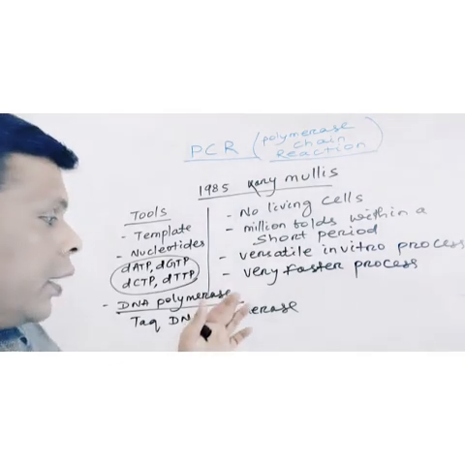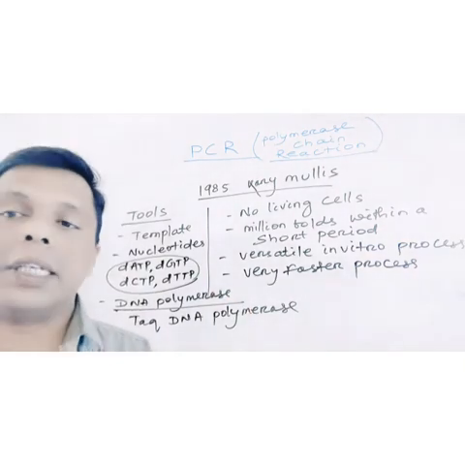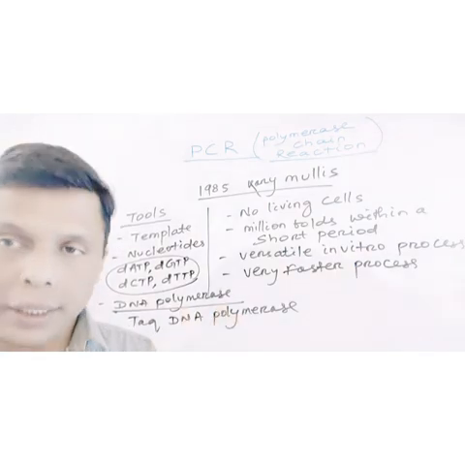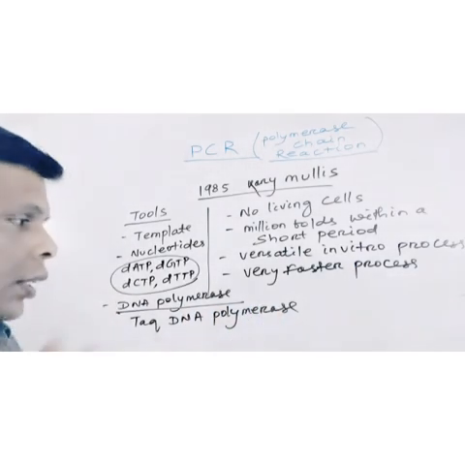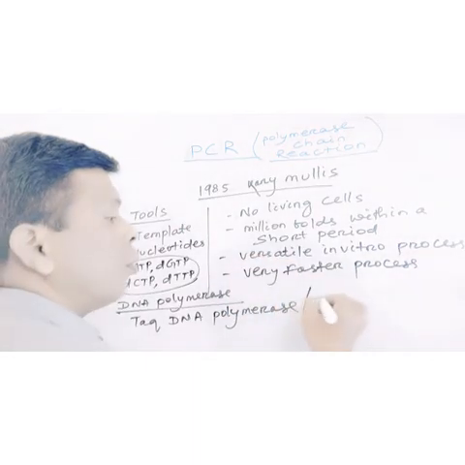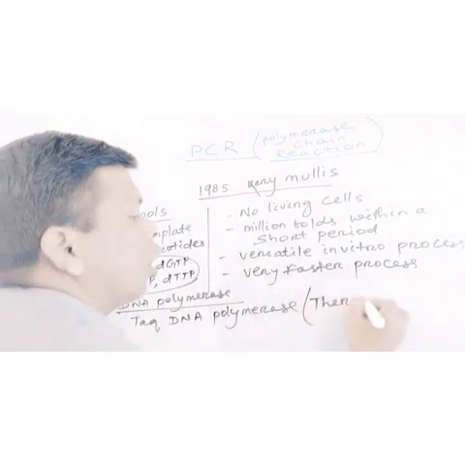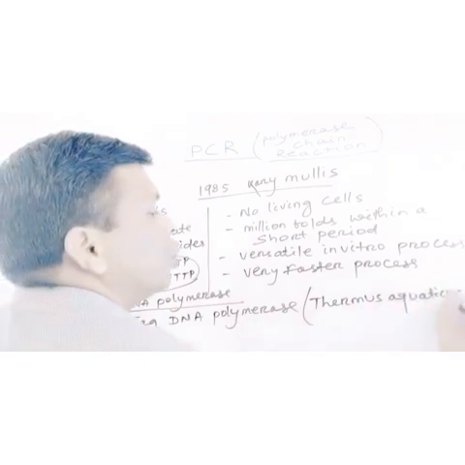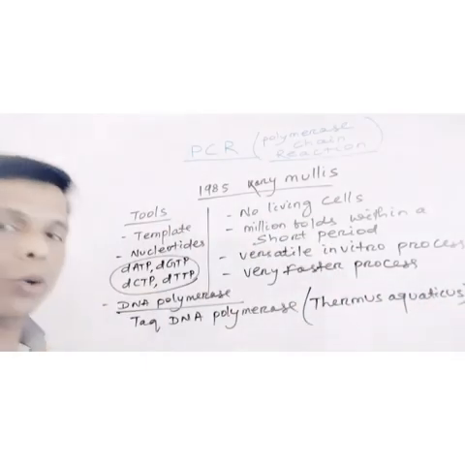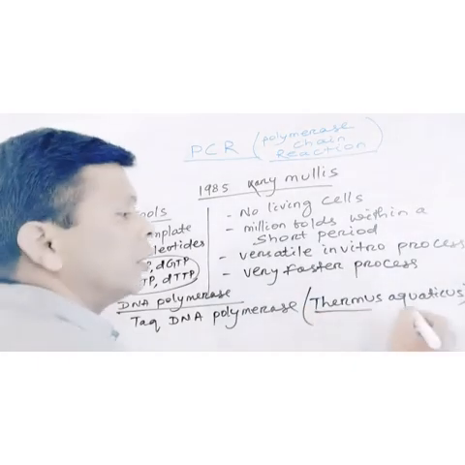To avoid degradation of the DNA polymerase enzyme, we use Taq DNA polymerase, which was isolated from Thermus aquaticus. This enzyme is a thermostable enzyme. Okay, this is all about the tools of the PCR process.